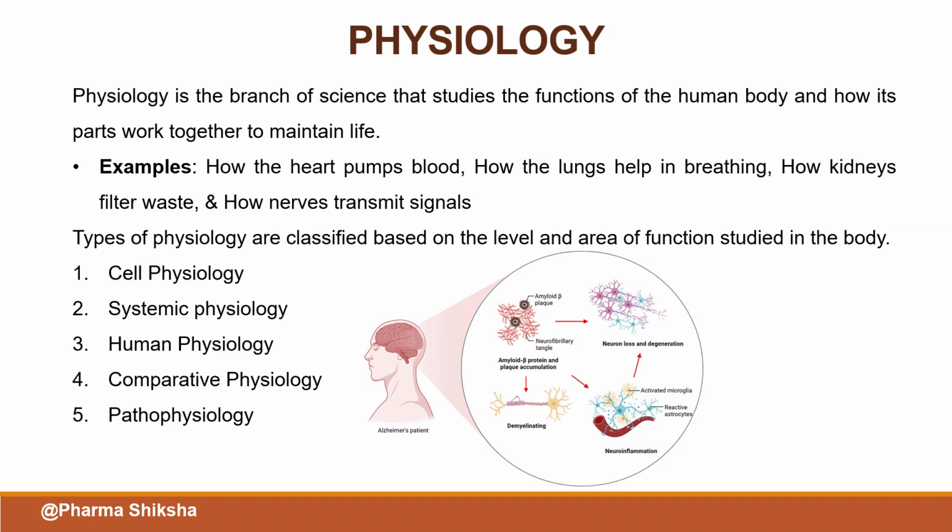Systemic physiology, for example the integumentary system: how it is maintaining protection, how it works, and how the skin tone protects from UV rays, that we can study. And cell physiology: we already know the cell is the simplest structural and functional unit of our life.